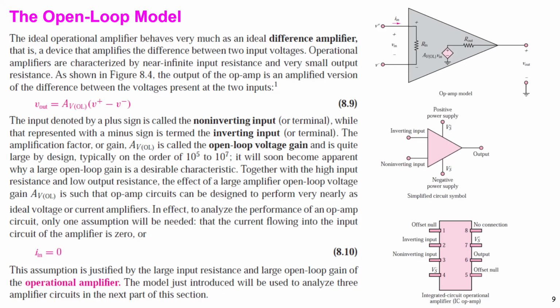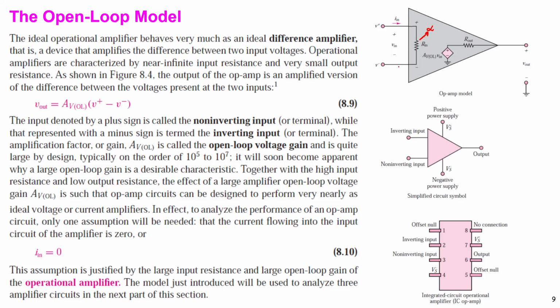Okay, let's see the symbol of the op-amp. Usually we use the triangle symbol like this. This is the symbol of the op-amp. Inside we have Rin, and Rin will be considered as very large. And we have a voltage dependent source.